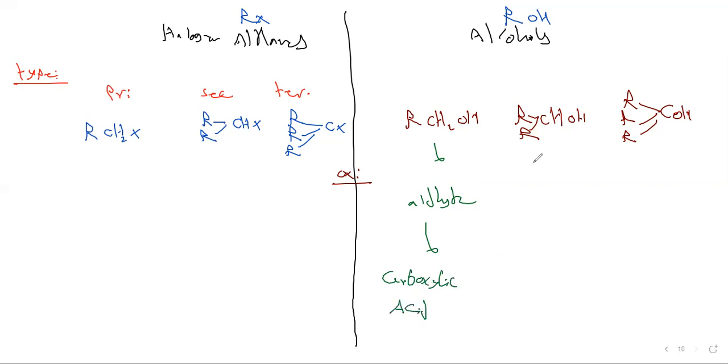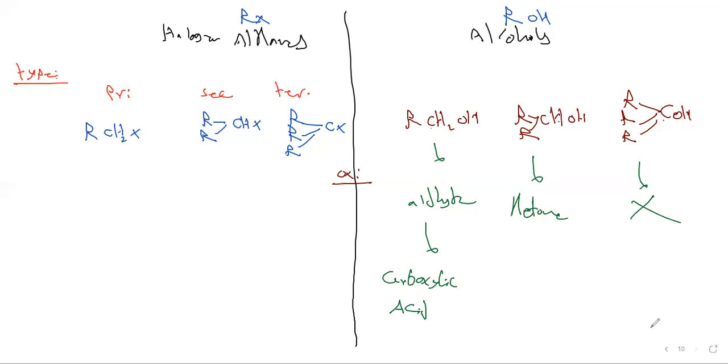For secondary, it will be ketone. For tertiary, there is no oxidation. I explain why. The primary carbon contains two hydrogens, so oxidation takes place two times. In the other one, the carbon contains only one hydrogen. The third one has no hydrogen to make oxidation.